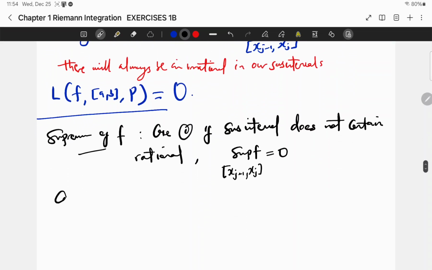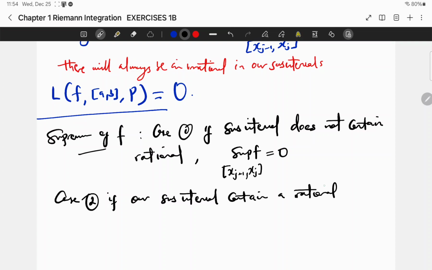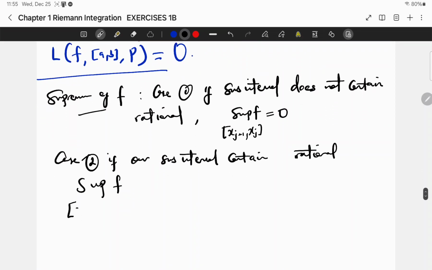But case 2: if our sub-interval contains a rational, that means that the sup of f over such interval s_{j-1} to s_j will be equal to 1 over n.